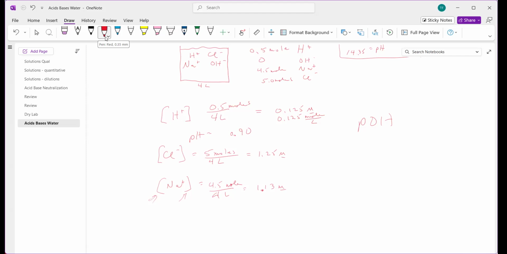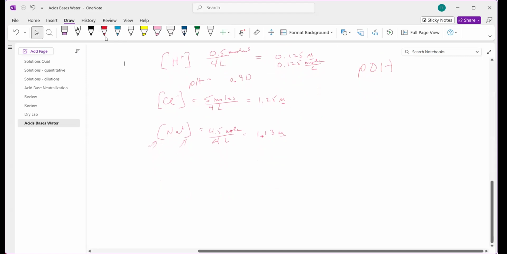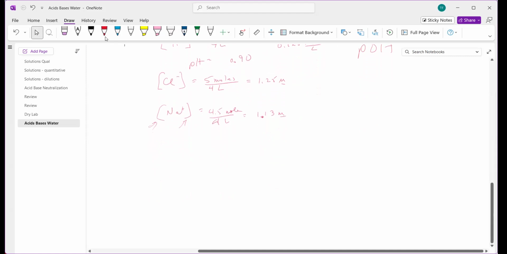Okay, let's do another problem here. It's kind of interesting. This is going to be a dilution problem.